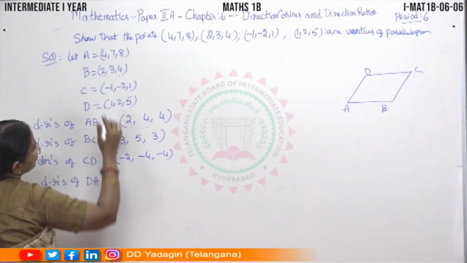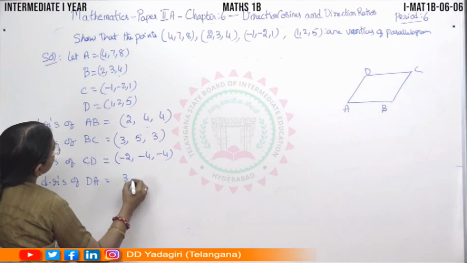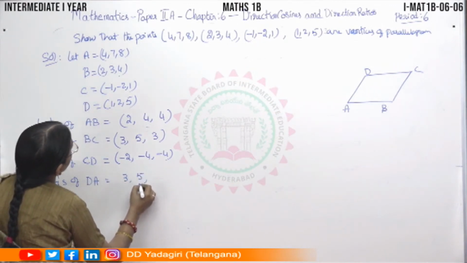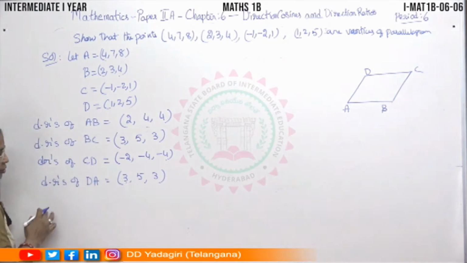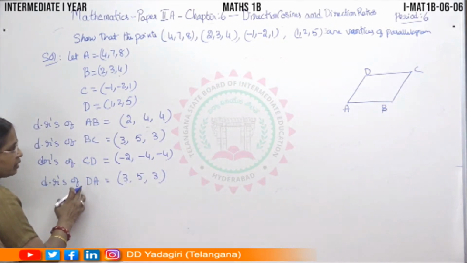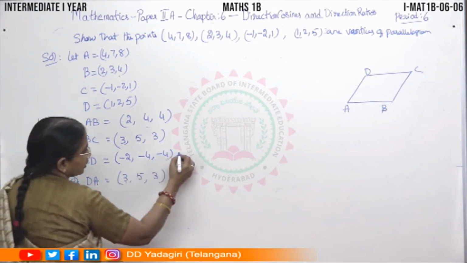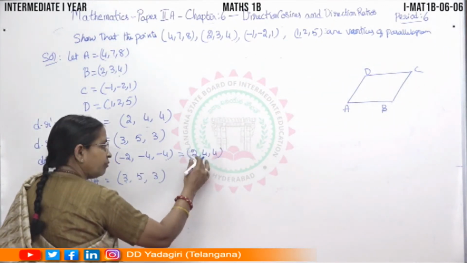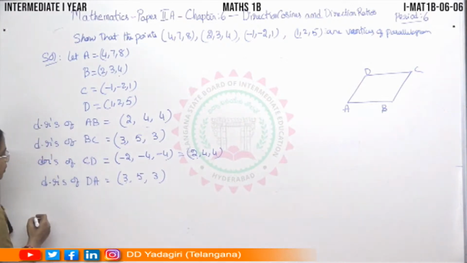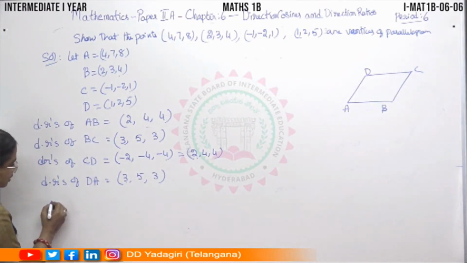D and A gives 3 and then 5 and then 3. You can see the direction ratios are ratios themselves, so you can actually take them as 2, 4, 4 also, or 1, 2, 2 also. You can say the DRs of AB and CD are parallel, equal also.